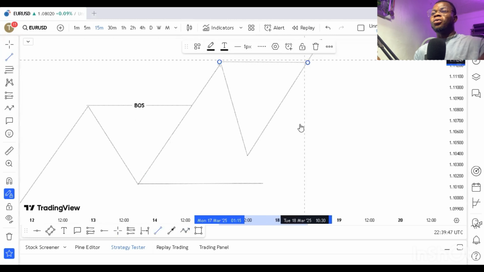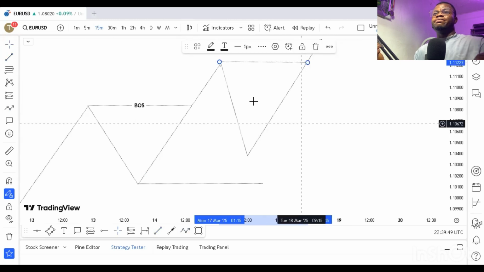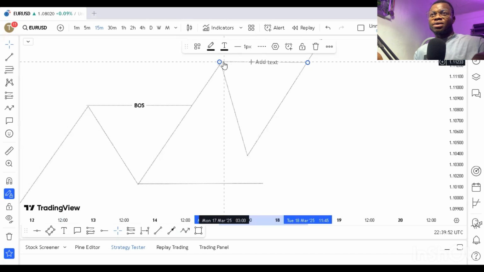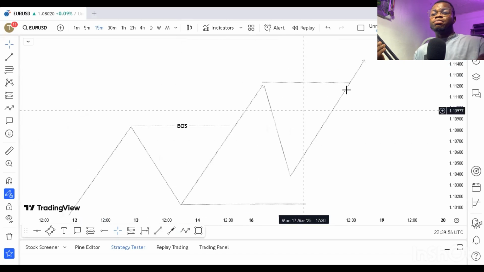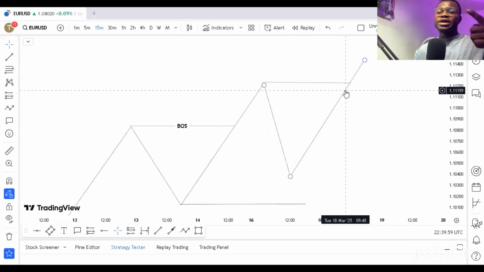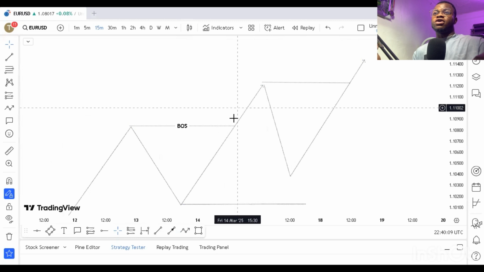So what is break of structure? Break of structure occurs in the market the exact moment price creates a new high or a new low. That exact moment the price breaks above a previous high or a previous low is known as your break of structure.